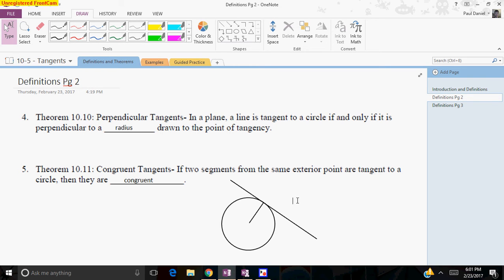All right. So next, if we have two segments from the same exterior point and they are both tangent to a circle, then those line segments are going to be congruent.